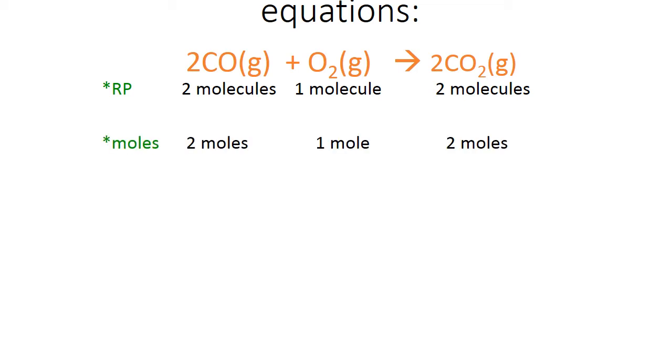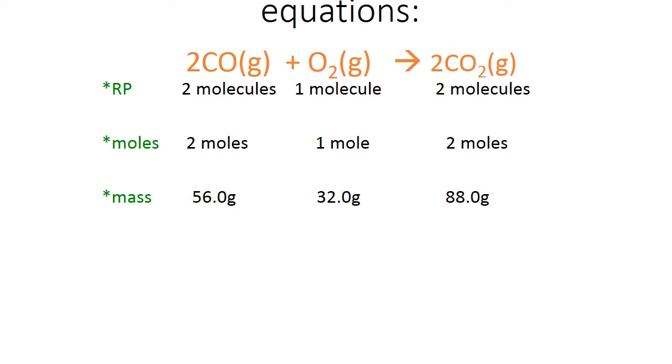If we look in terms of moles, we have 2 moles of carbon monoxide, 1 mole of oxygen, and 2 moles of carbon dioxide. The mass, we take the formula mass of carbon monoxide, that's the mass of 1 mole. Since we have 2 moles, we're going to multiply it by 2, so that gives us 56.